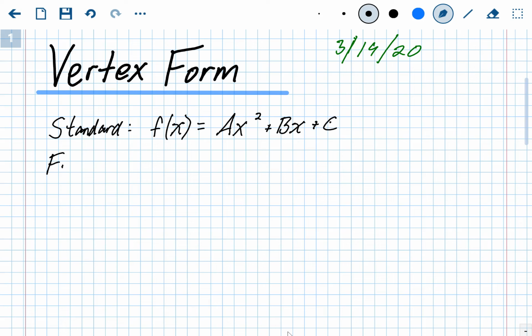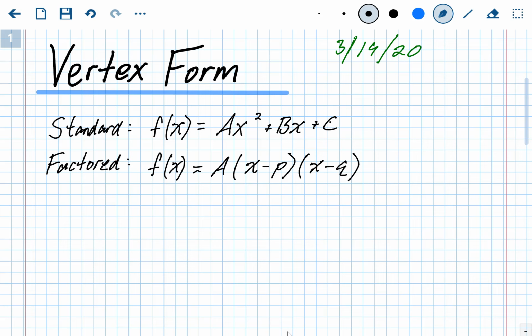Factored form was f of x equals a times x minus p times x minus q. And then now the new form, vertex form.